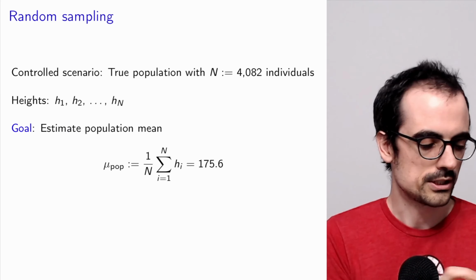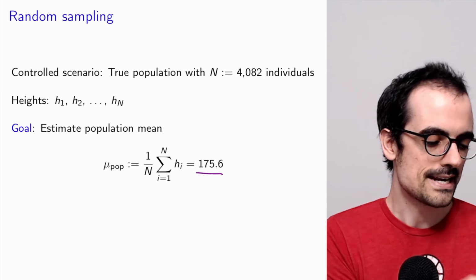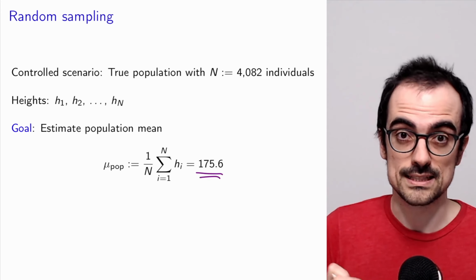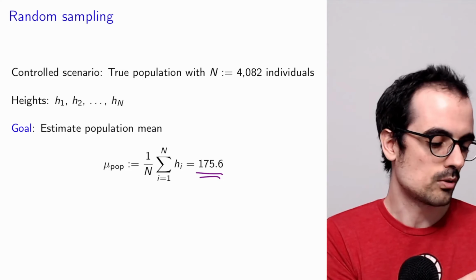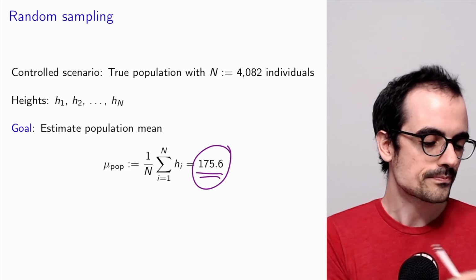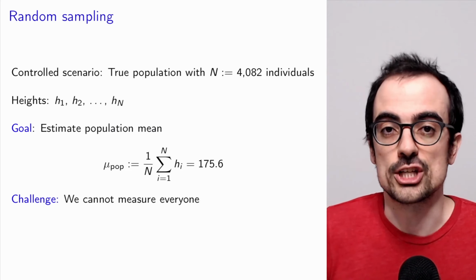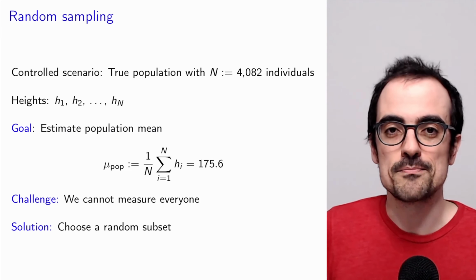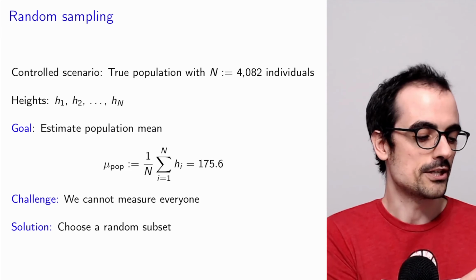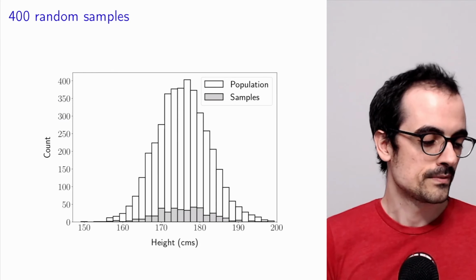It's important to understand that this is a number, and we're going to model it as a constant. We're in a frequentist framework, and our ultimate goal is to estimate this number. The problem is that we cannot measure everyone, so what do we do? We pick a random subset of people and try to estimate the population mean from that subset.